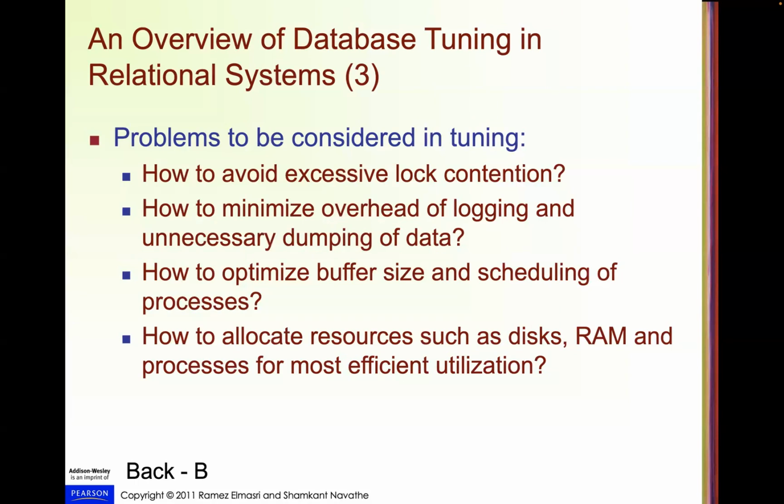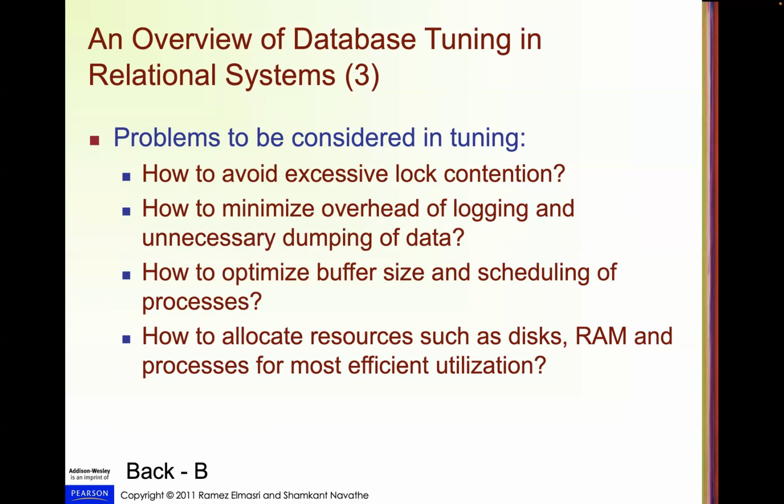The other transactions will not be able to use these data items, and they have to wait. For example, if I am reserving room number 1011 at 7:30, and then I'm also reserving 1022 at 7:30 on the same day, other people cannot use these rooms because I have reserved them, and they are going to wait for me.